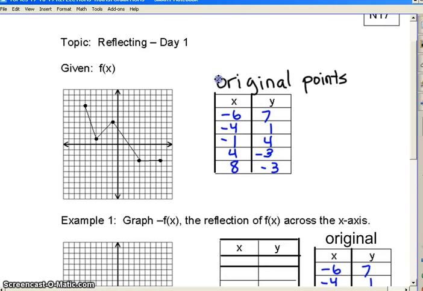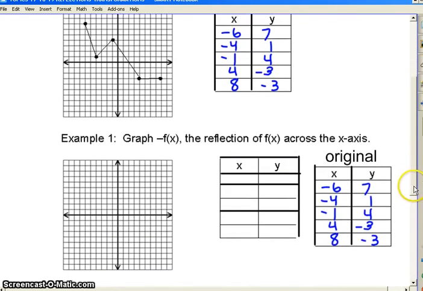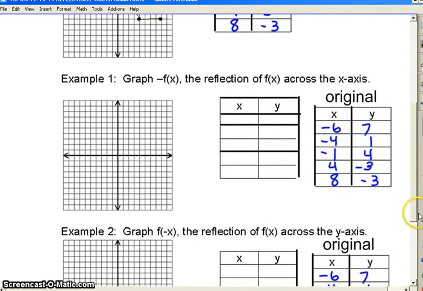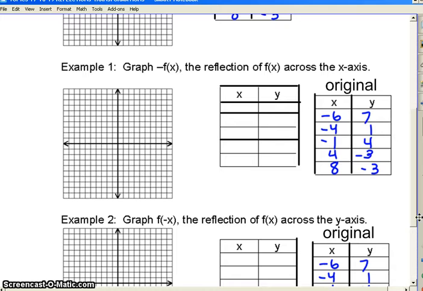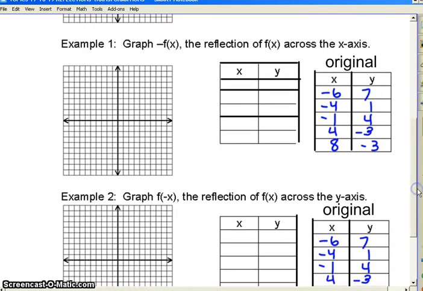Okay, on example number 1, it says graph negative f of x, the reflection of f of x across the x-axis. So what is another name that we call f of x?